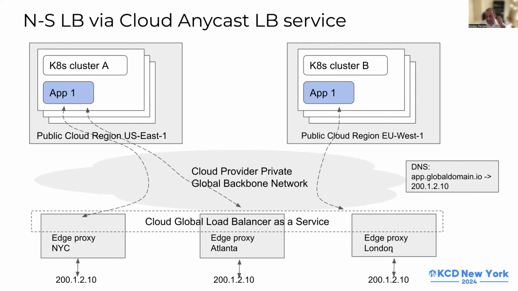This is actually another visual description of the cloud-based Anycast. I've already described it, but this would be an example where this virtual IP 201.210 is being advertised by edge proxies located in New York City, Atlanta, and London. And the application's DNS resolution always maps to 201.210.